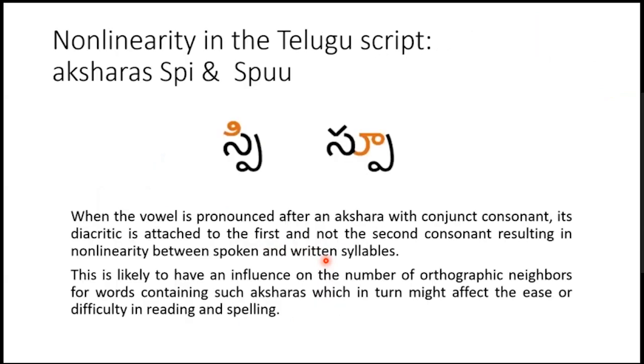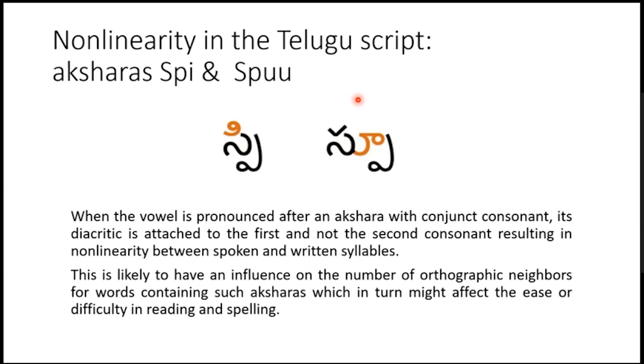Next, please. So if you take a conjunct consonant like sp, the left one is called spi, like in a word like spirit, and the right one is called spu, like spurti, which means inspiration. Here the vowel is attached to the first consonant and not the second consonant, even though in speech the second consonant should carry the vowel, the modified vowel, which is indicated in red.